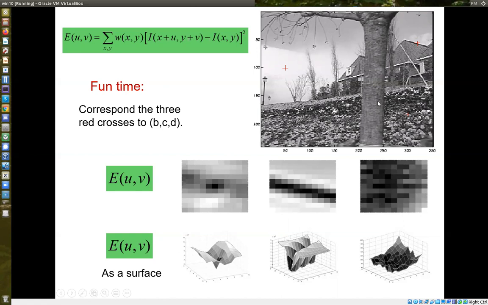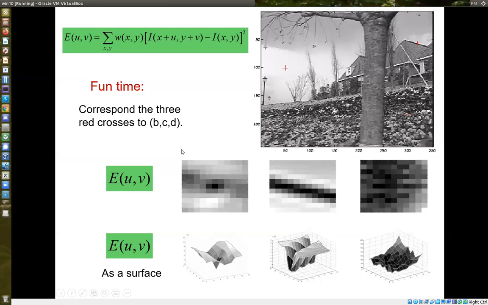What does this one correspond to among these E(U,V) functions?